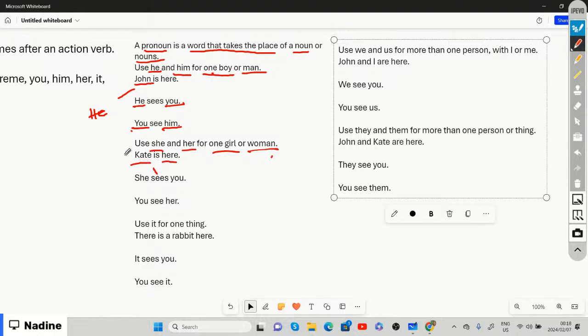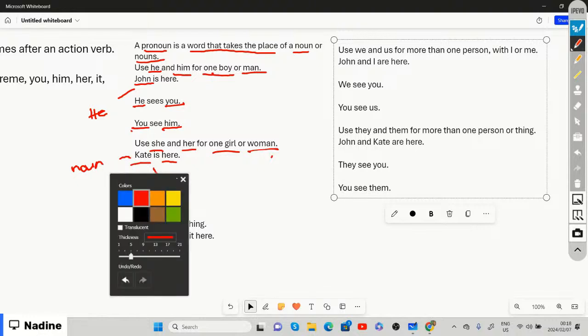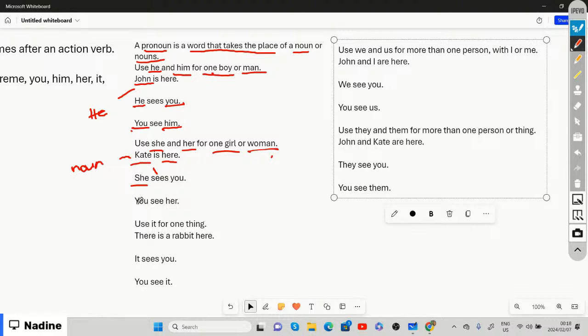But now Kate is just a noun. If we replace the word Kate with she, our pronoun is she sees you. And here we have our action verb. And after the action verb, we have our object pronoun, which is you.